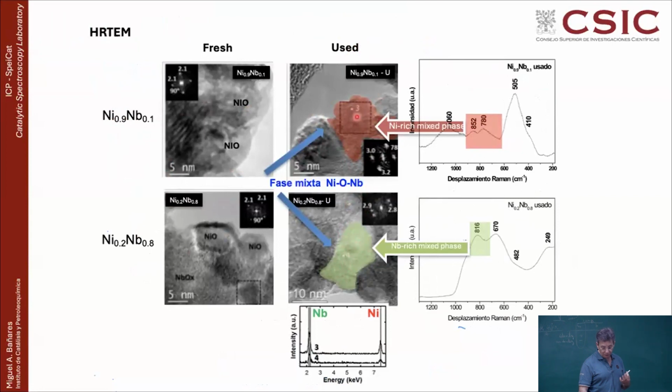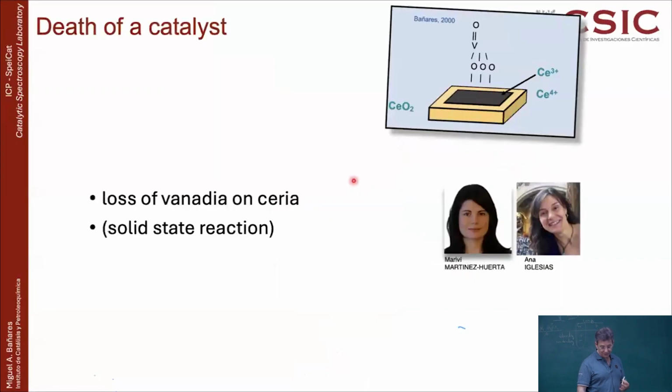You get a niobium rich or a niobium pure mixed phase. And actually, you can see the Raman bands are different from the nickel rich or the niobium rich nickel niobate. So Raman bands can also be associated, in combination with the microscopy, to which kind of niobium rich or nickel rich phase you are getting on the system. But that is already something formed.